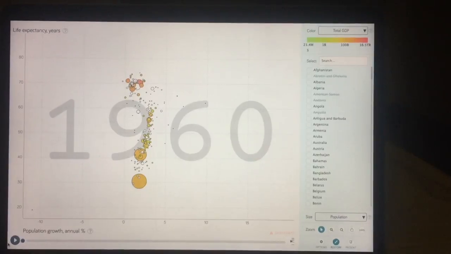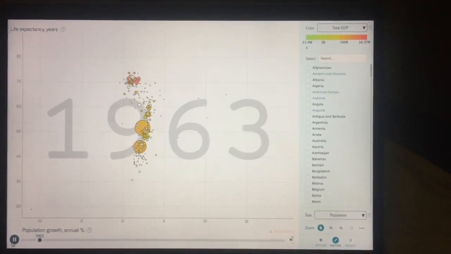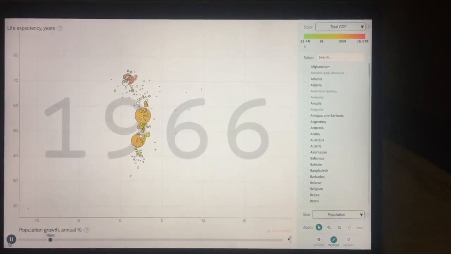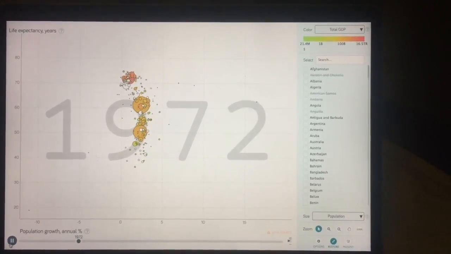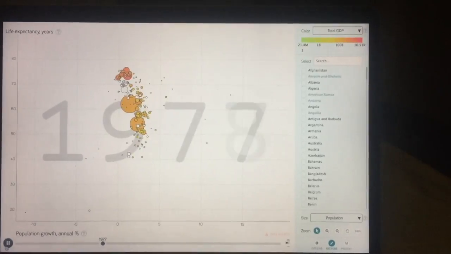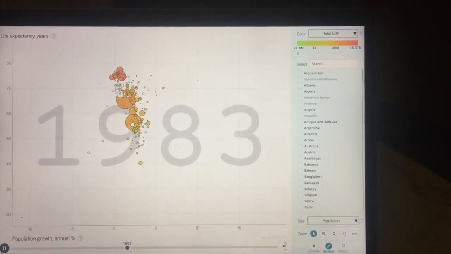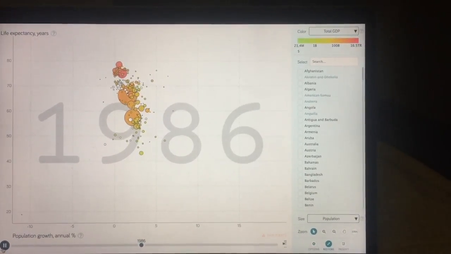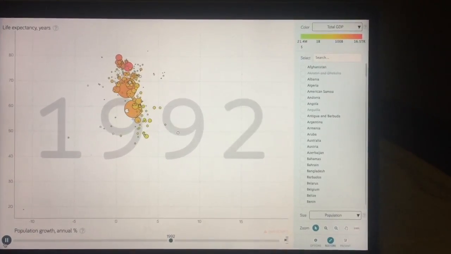Next, we can see the life expectancy on the y-axis, while the population growth is on the x-axis. And once again, the pink shading means there's more gross domestic product growth over time. With the life expectancy, we can see how as it rises, population growth decreases and the GDP increases.